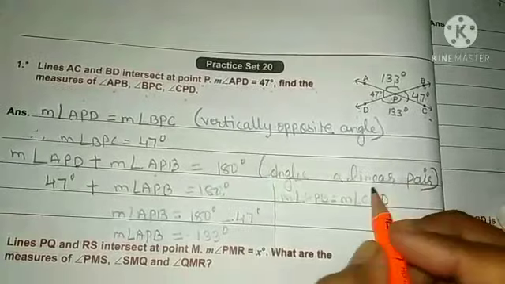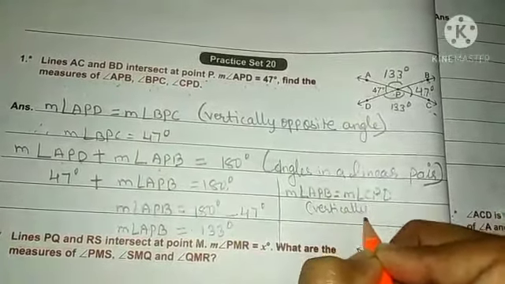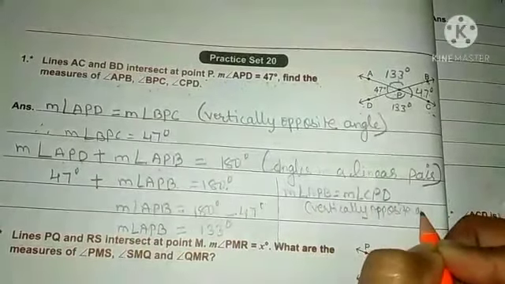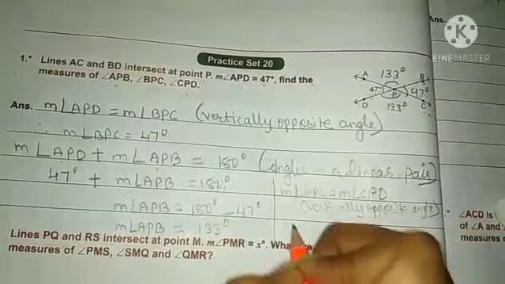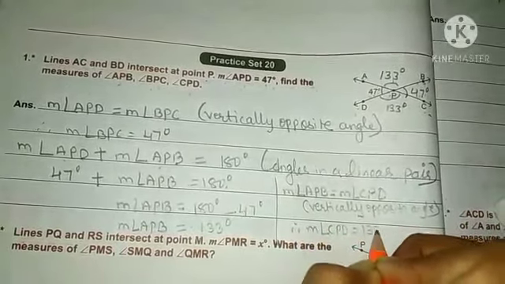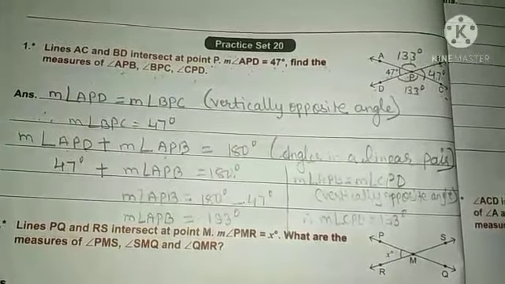Why? Because both are vertically opposite angle. Understood? So here measure of angle CPD is also 133 degree. Understood, student? How you will do this?